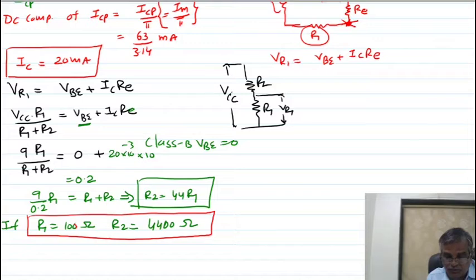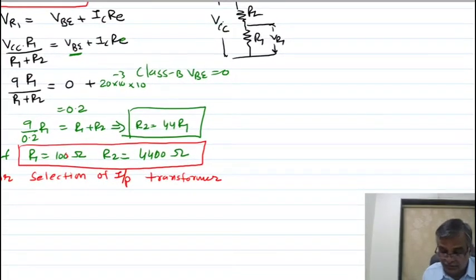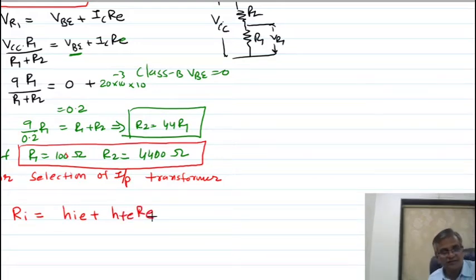Now let us go for the selection of the input transformer. Now the input resistance of the transistor amplifier for unbypassed emitter resistor is given by this equation.